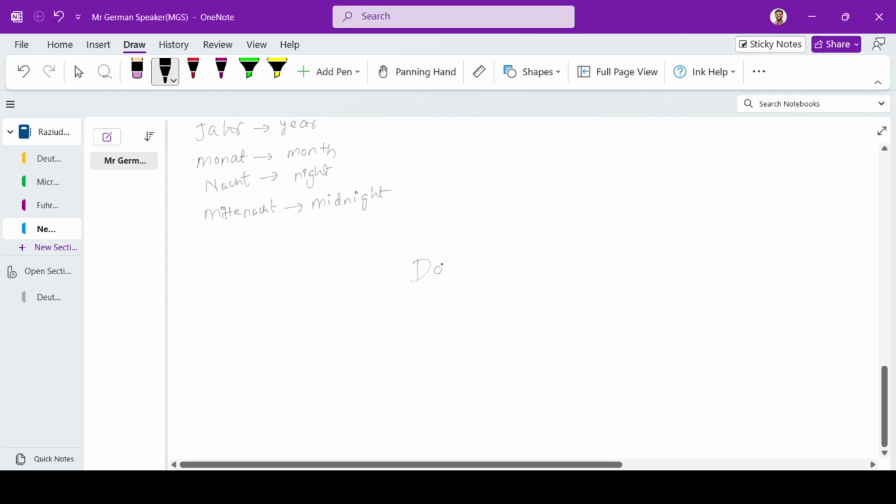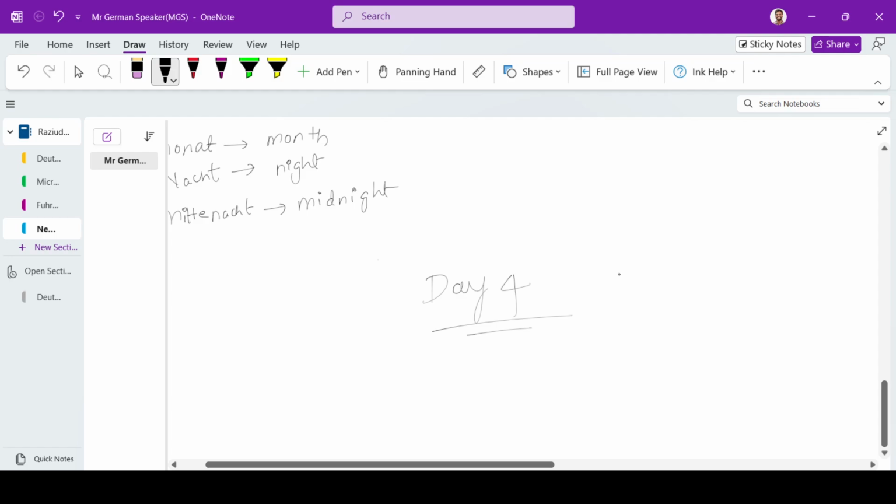So it's day four, and we will see the concept of verbs. So verbs are action words.